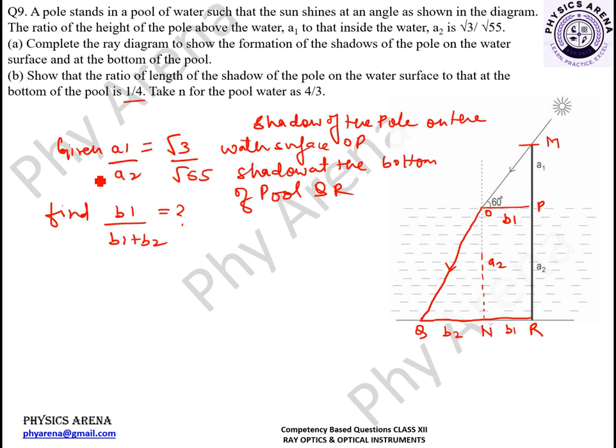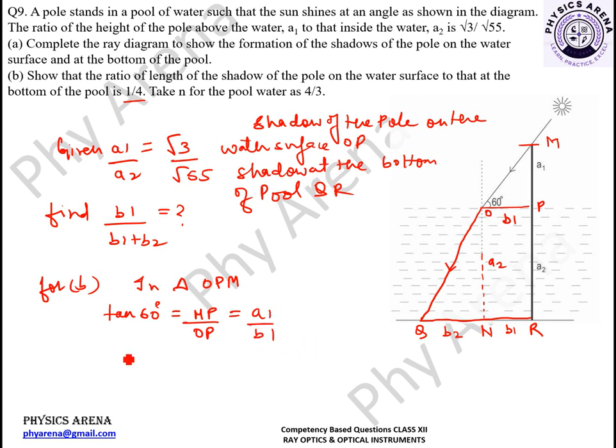Now let's try to find out part B. For part B, in triangle OPM, tan 60, that is perpendicular upon base, will be equal to MP upon OP, and that is equal to A1 upon B1.